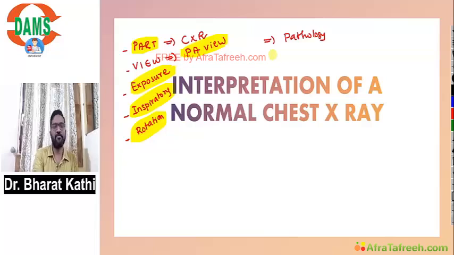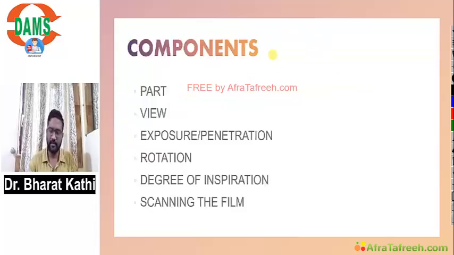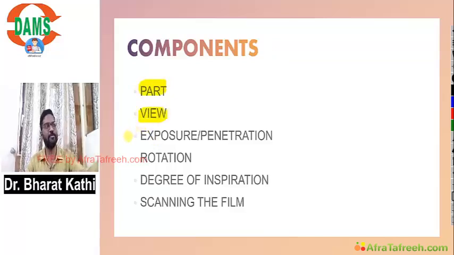So now how to tell what is the view, exposure, the adequacy of inspiration, is there any rotation, that I am going to discuss. Like I told you students, part is very important. Even though you know, and the examiner knows it is a chest X-ray, you should mention it is a chest X-ray.